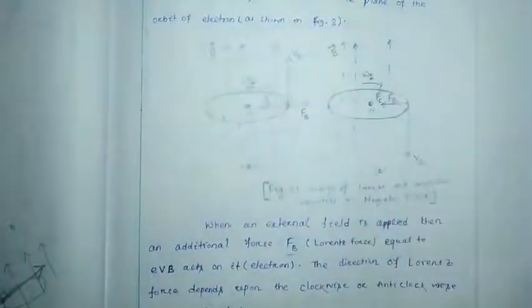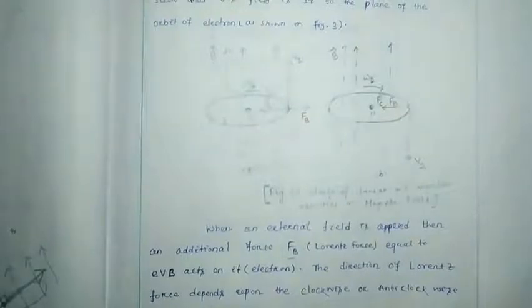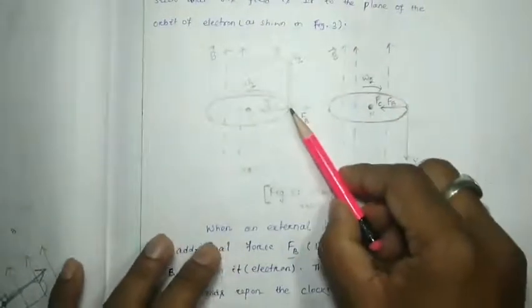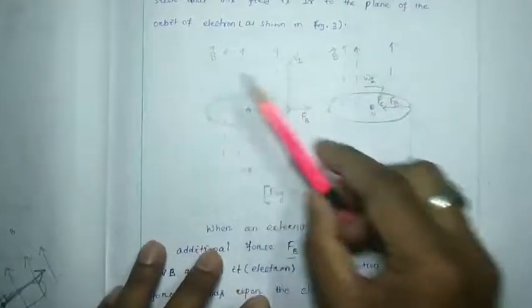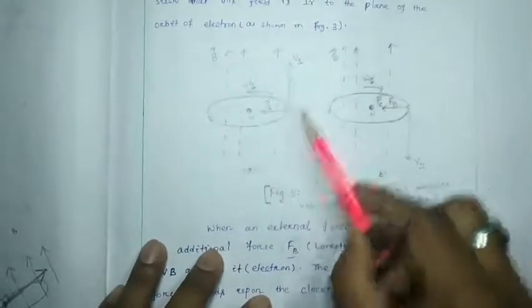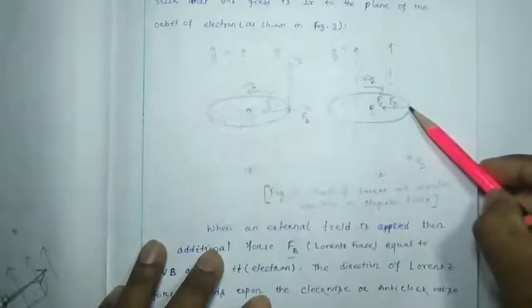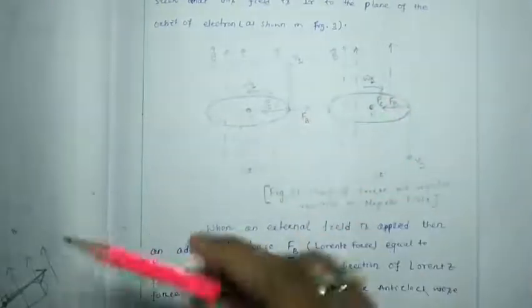So we can say that V cross B, if we apply the screw rule, along this side, or the left hand thumb rule also gives this direction. So the magnetic force induced on this electron in the magnetic field is towards this direction, and on this electron it will be this direction, right?